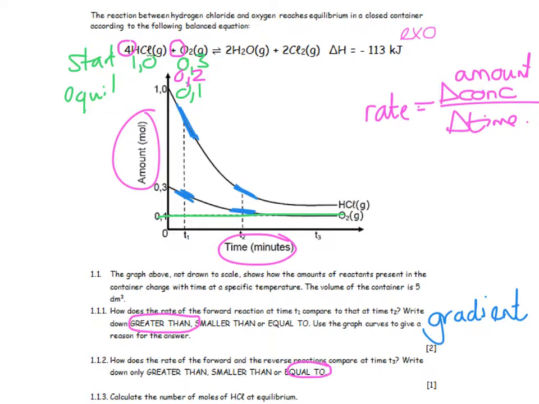If I use 0,2 of oxygen, that means I must have used 0,8 of HCl. If I started with 1, used 0,8, where did I land up? I landed up at equilibrium with 0,2 moles still in the container. So my answer is 0,2 moles.